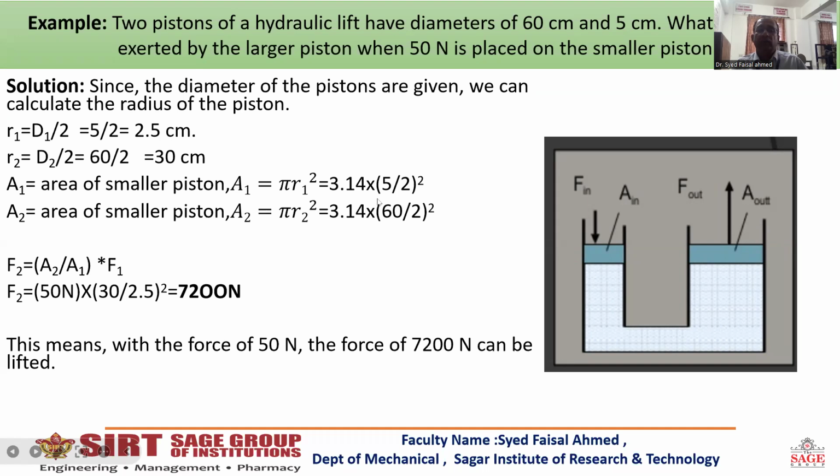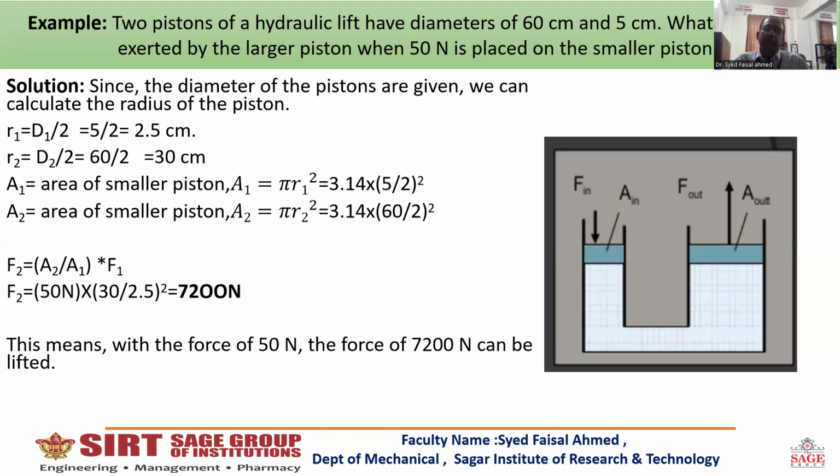The pi value will cancel. So 30 upon 2.5, the whole square, into 50 Newtons. So what we will get is 7,200 Newtons.